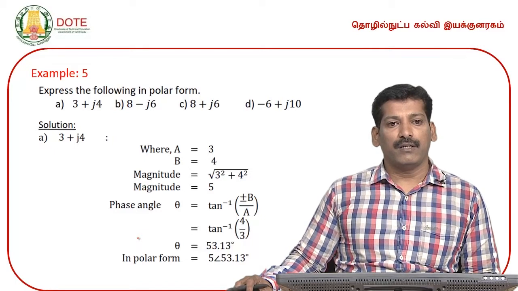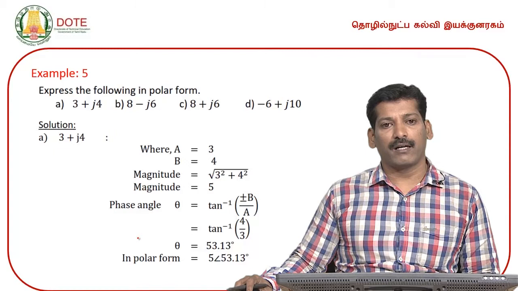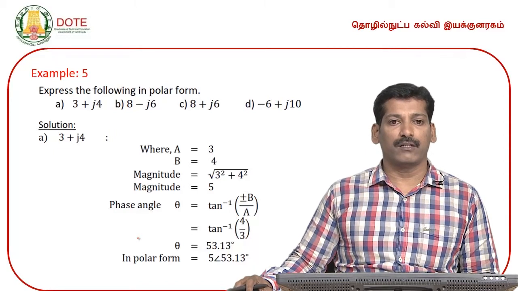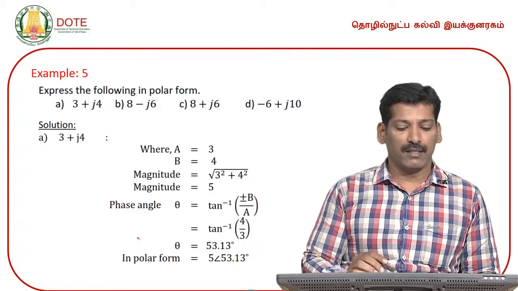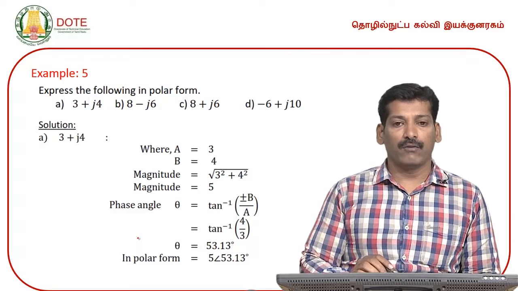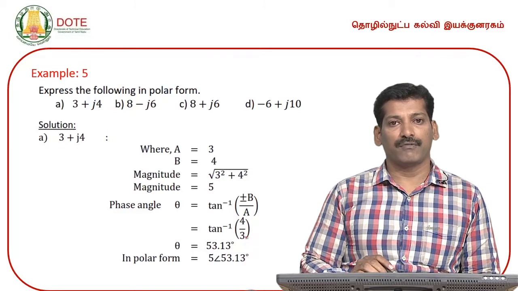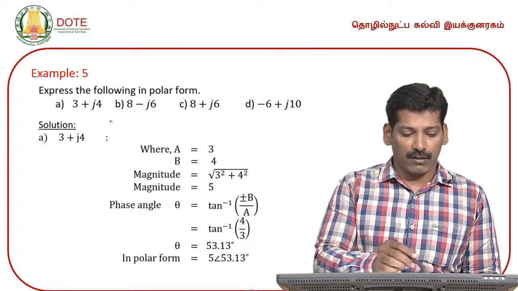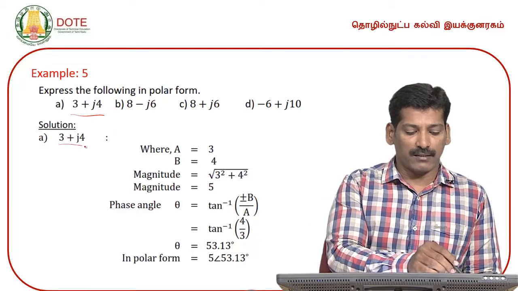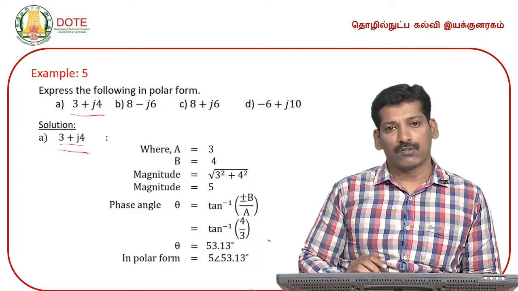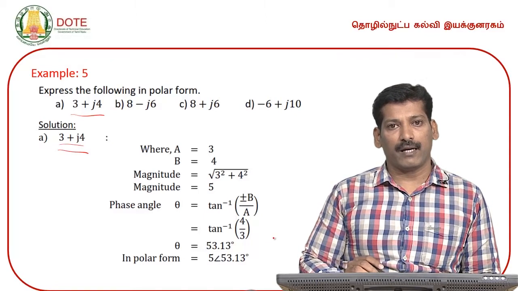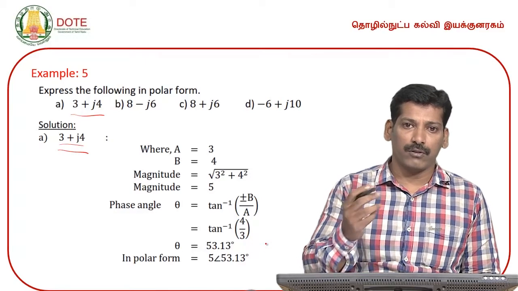Here we need to convert the rectangular forms given to polar form. First one is 3 plus j 4. Now, we need to find the magnitude, as we have already learnt. Whenever you have a rectangular form like this, you square the real part, square the imaginary part, make the sum and then take the square root.